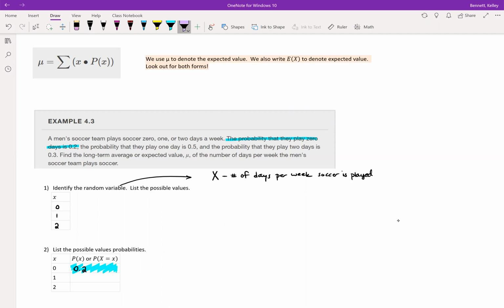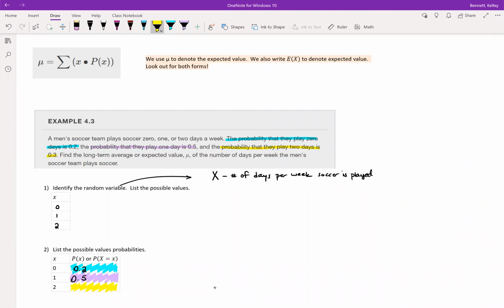Then we have the probability that they play 1 day is 0.5, so that's going to be here, 0.5. And then the probability that they play 2 days is 0.3, so that is going to go right here, 0.3.